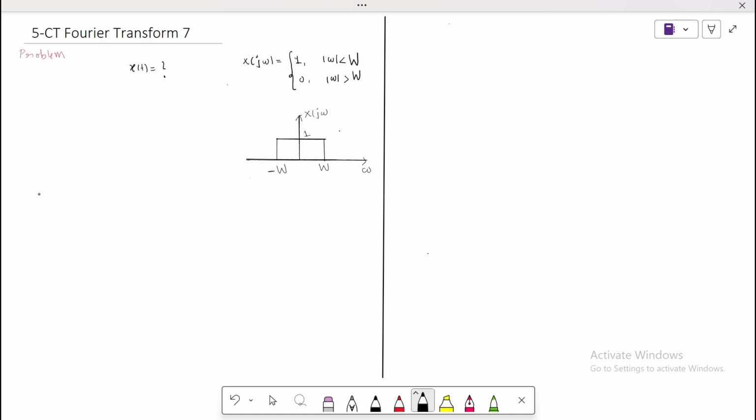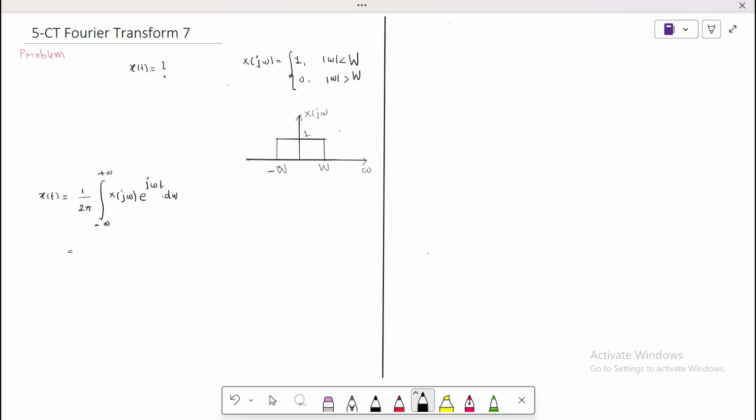So x of t, the formula is 1 by 2 pi, integral from minus infinity to plus infinity of X of j omega into e power j omega t into d omega.